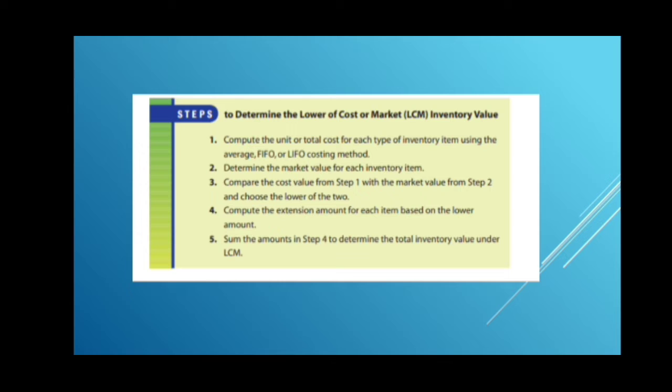Third, compare the cost value from step 1 with the market value from step 2 and choose the lower of the two. Step 4, compute the extension amount for each item based on the lower amount. Step 5, sum the amounts in step 4 to determine the total inventory value under LCM.